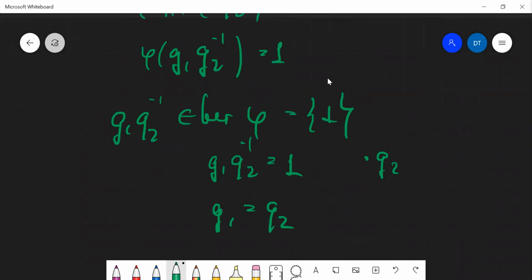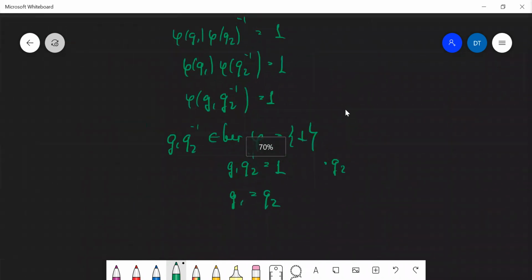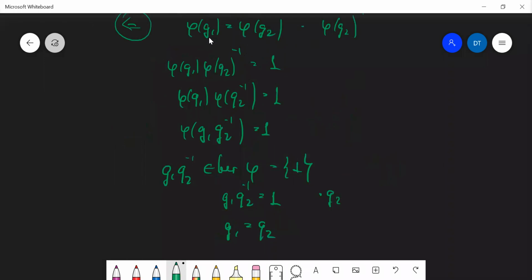So we have shown that if we are given two elements, g1 and g2, and the images of g1 and g2 under phi are the same, then the initial elements were exactly the same. So that was the injectivity. And this completes the proof.